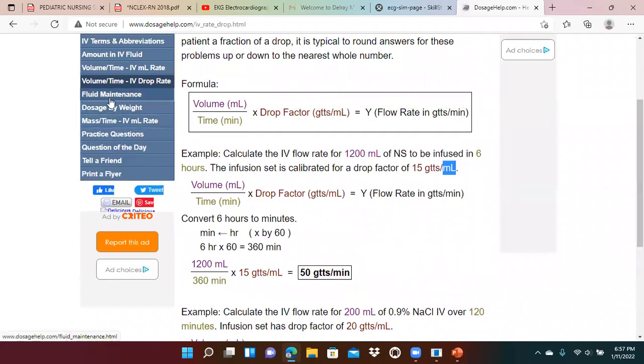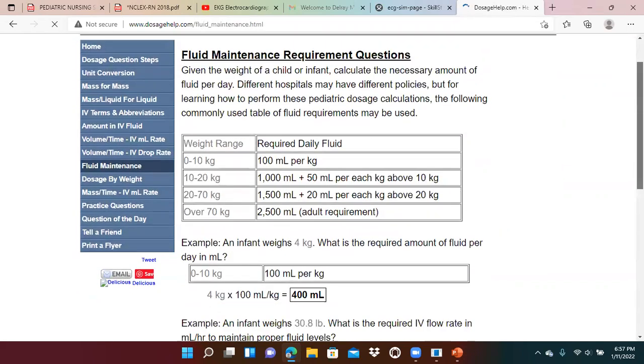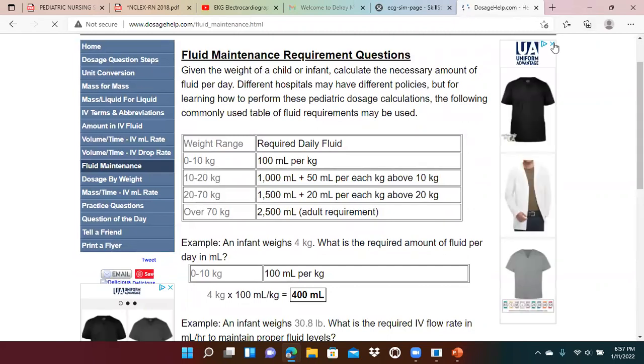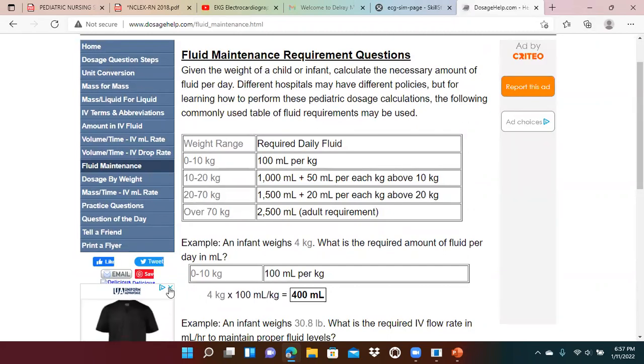Next here, fluid maintenance. So the fluid maintenance formula questions require: given the body weight of a child or infant, calculate the necessary amount of fluid per day.